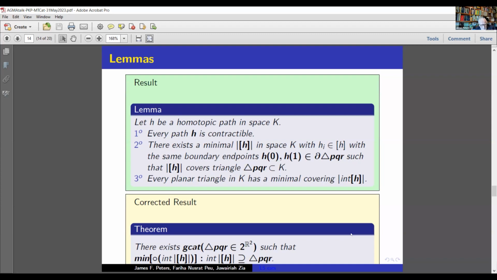And then every planar triangle in K has a minimal covering. And the theorem is that there exists a geometric category for a triangle in the Euclidean plane that is the minimum of the interior of these homotopy classes, such that the interior of the homotopy classes is a covering for the triangle.